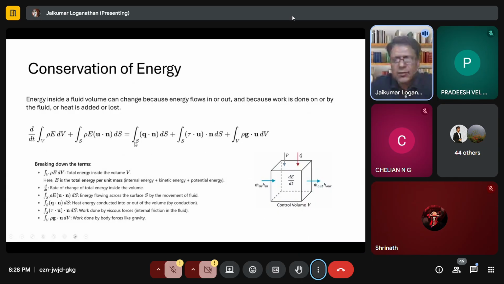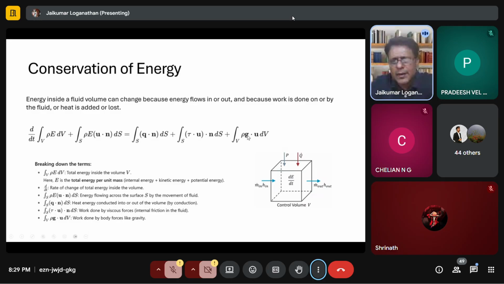And if you look at energy, what are the factors that could impact your energy? One is the heat, right? The heat which is directly coming in. Previously we saw pressure, so the same equivalent you can consider as heat which is coming in or going out. And then the work done by the shear stress, right? When you are multiplying the shear stress with a u, it becomes work done, right? So there is a heat and then the shear stress work.